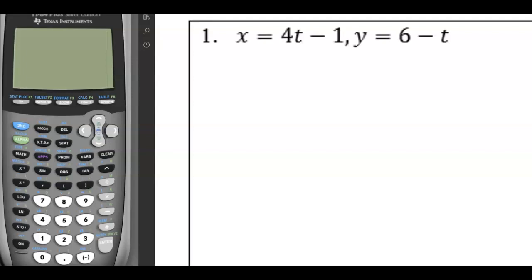So looking at this example, try not to read the directions. How would we eliminate t? How do we get rid of t?